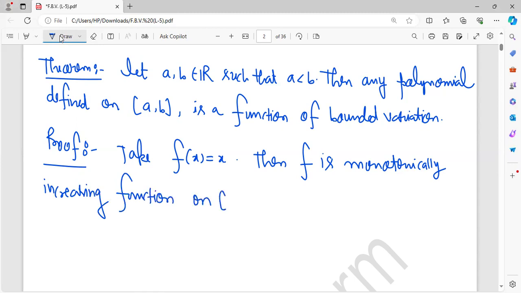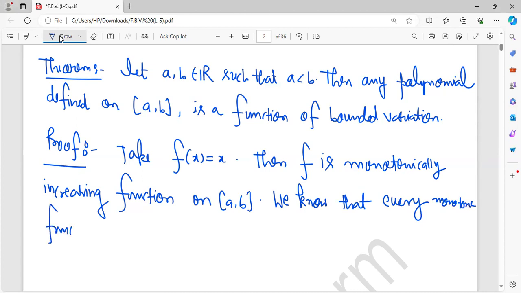On any interval you take, it is monotonically increasing. We know that every monotone function is a function of bounded variation.